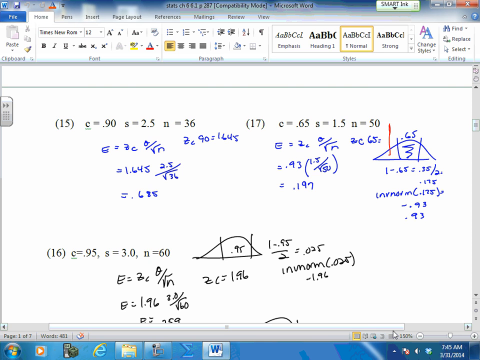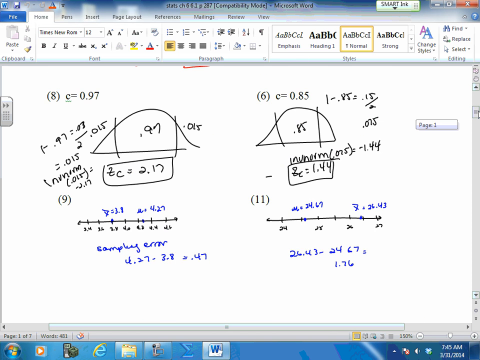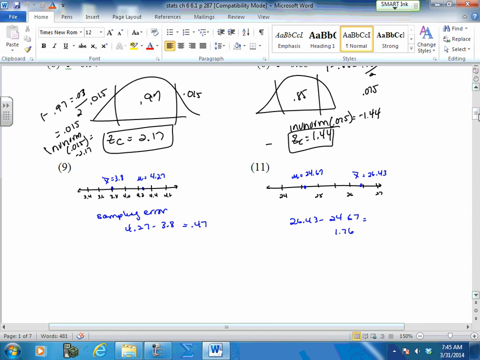What did I skip? 9 and 11. Oops, sorry about that. 9 and 11 were nice because they gave you a graph. And my copy doesn't show up that great. But it wanted you to find the sampling error. Now, it gave you the mean, 3.8 and 4.27.